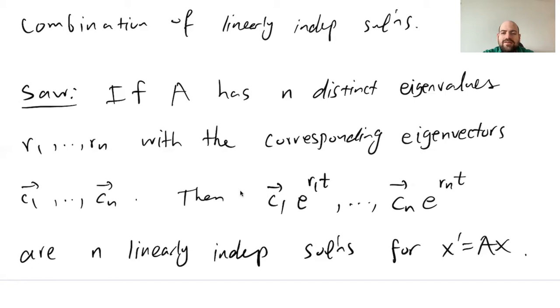So here I have n solutions, and my claim is that these are linearly independent. Now, how can I show that? To show that a few vectors, in this case a few solutions, are linearly independent, I have to assume that some linear combination of them is 0, and then show that each coefficient must be 0.